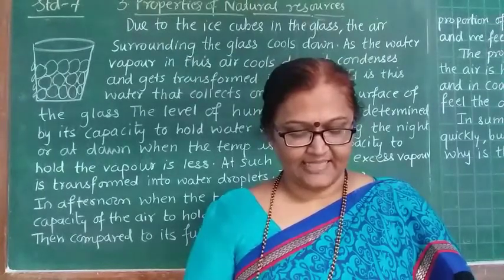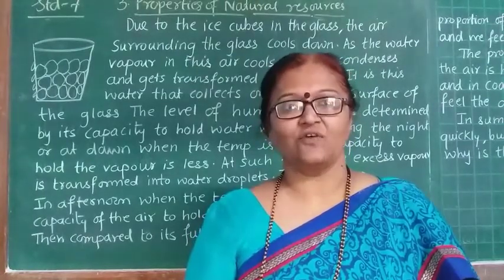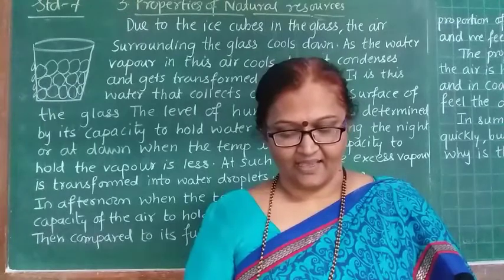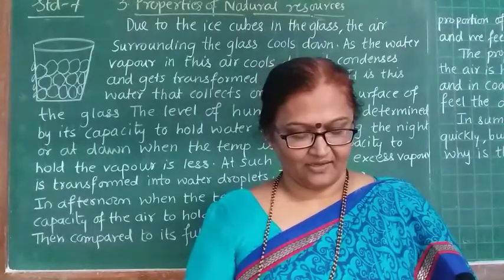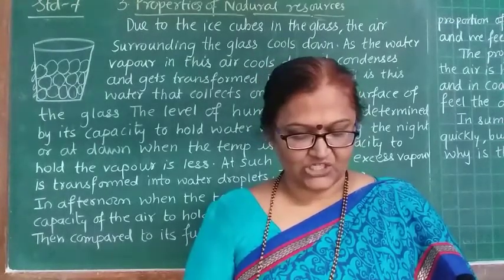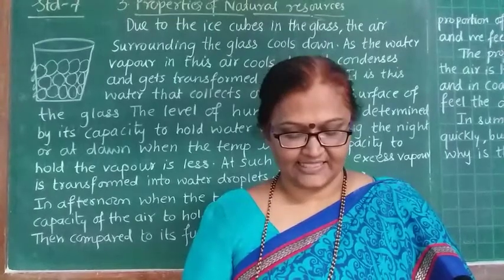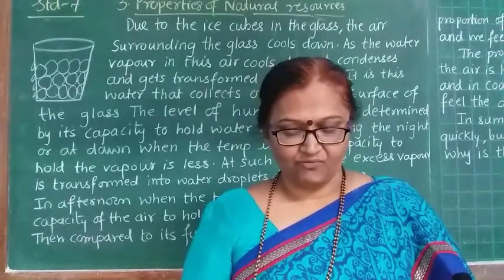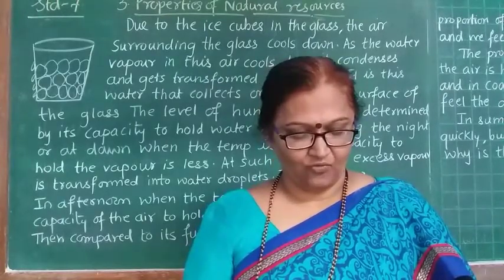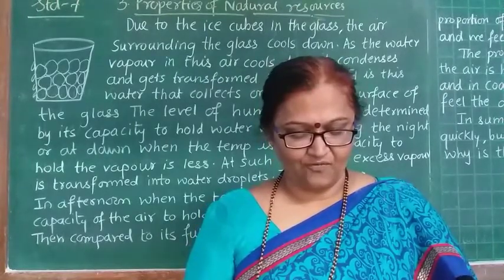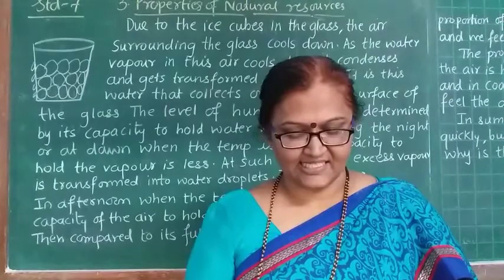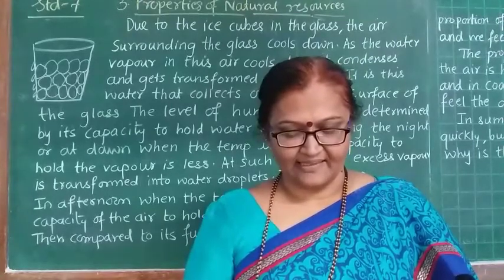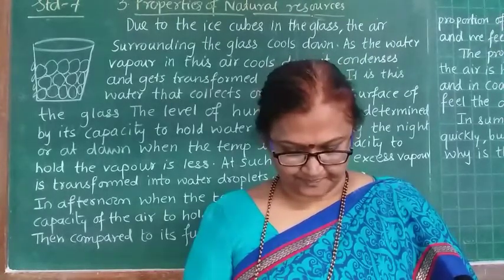Then see, in the afternoon, when the temperature of the air is high, the capacity of the air to hold the moisture also increases. Then compared to its full capacity to hold water, the proportion of moisture in the air is less, and we feel that the air is dry.